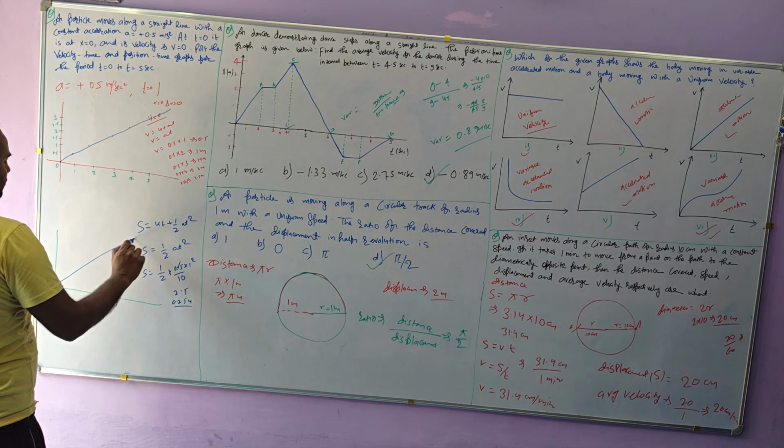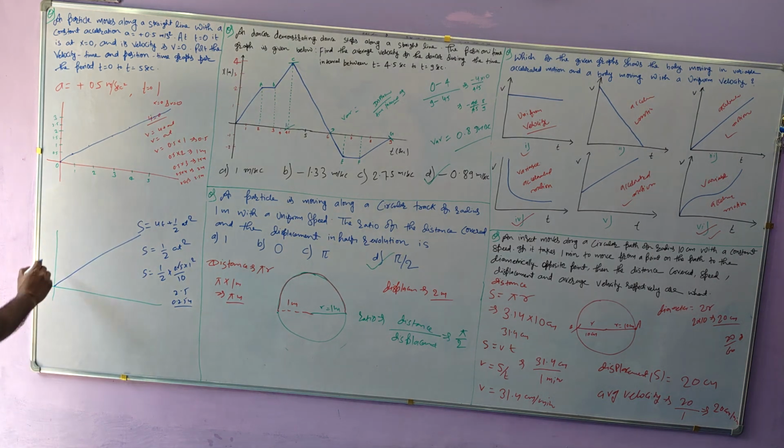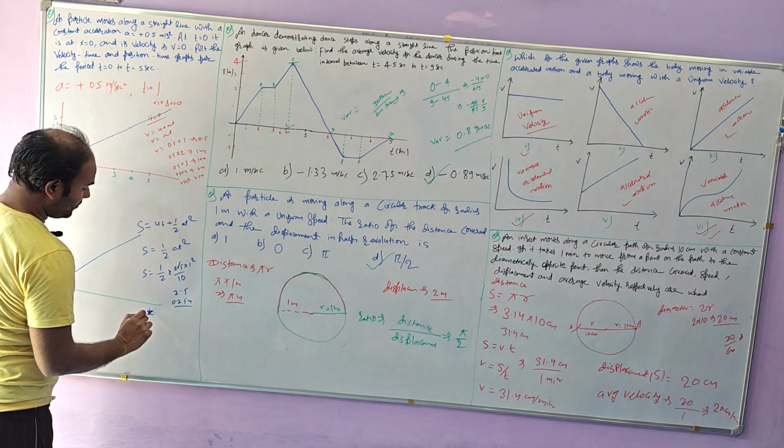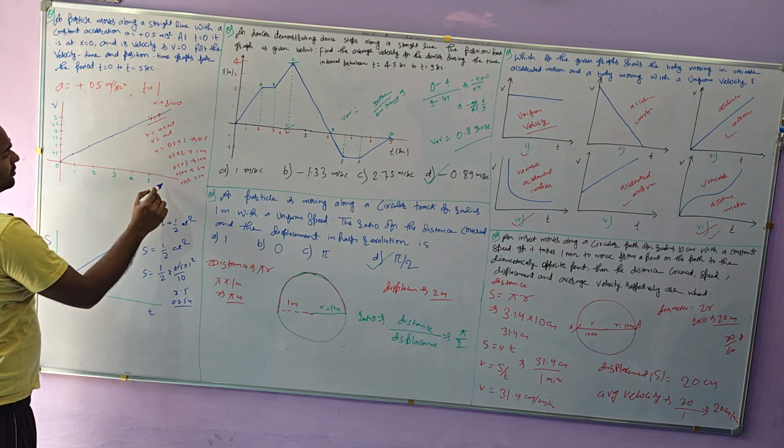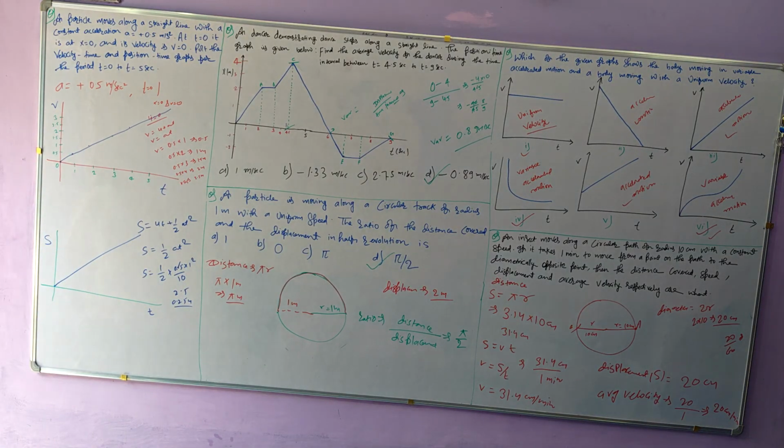So this graph also becomes like this, this is the ST graph, and this is the VT graph.